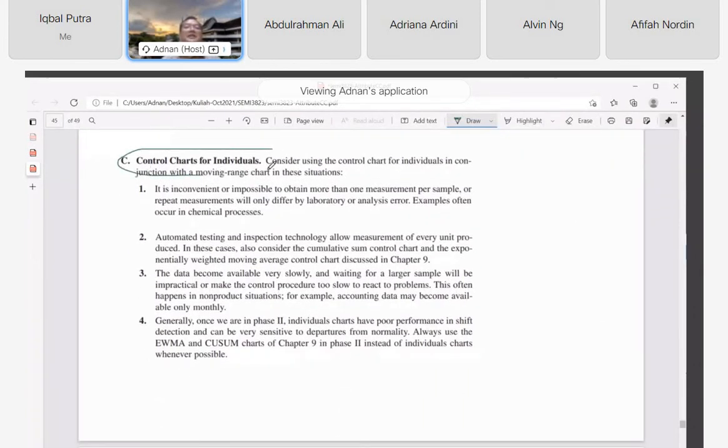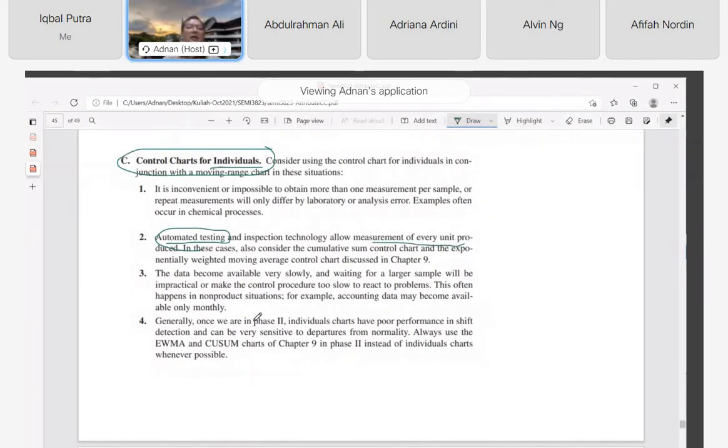We have discussed this also earlier. When we use the individual chart, especially when automated inspection, you are monitoring individual units. Automated inspection and testing allow measurement of every unit. So we can use control chart for individuals. We have learned all this.